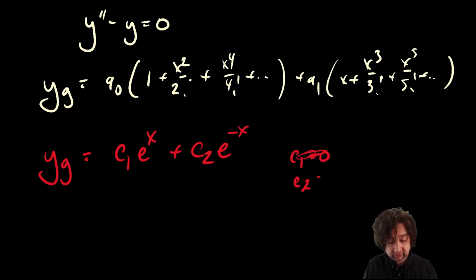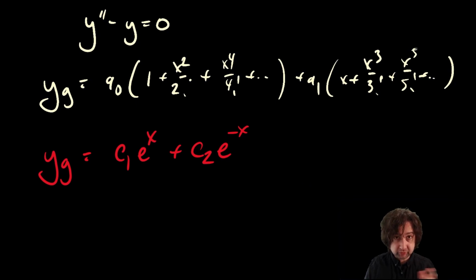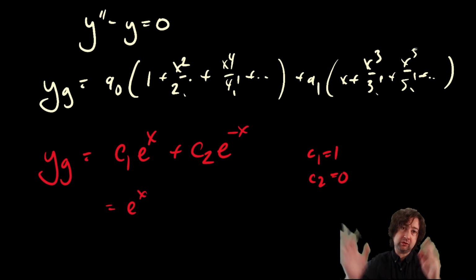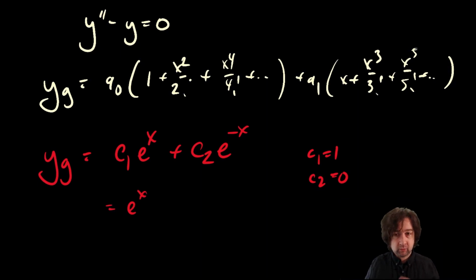Because these are arbitrary, I'm going to show you that both solutions can be recovered from each other. If you let c1 be equal to 1 and c2 be equal to 0, this just turns into e to the x, which means e to the x is one of the solutions to the differential equation. Well, what happens if I let a0 and a1 be 1?